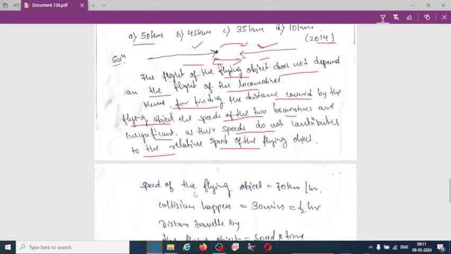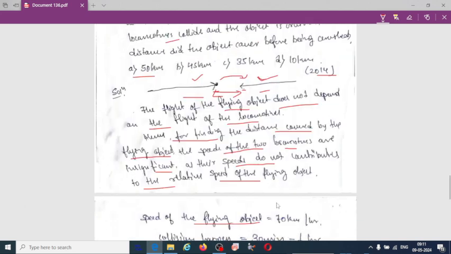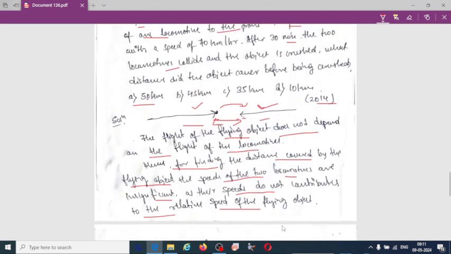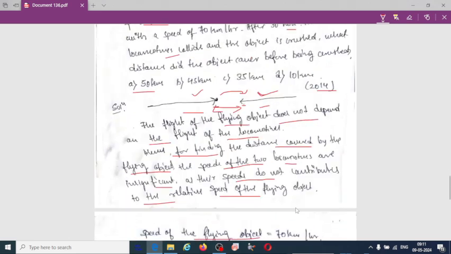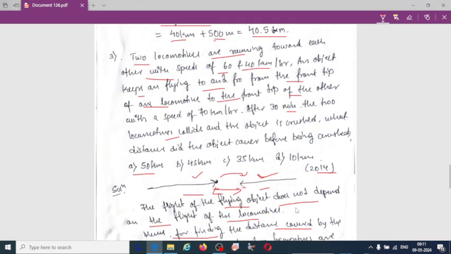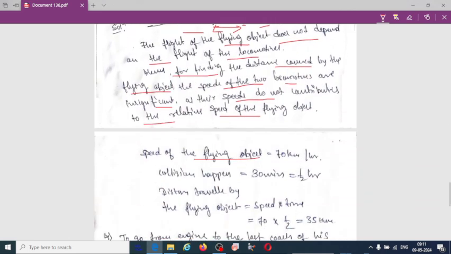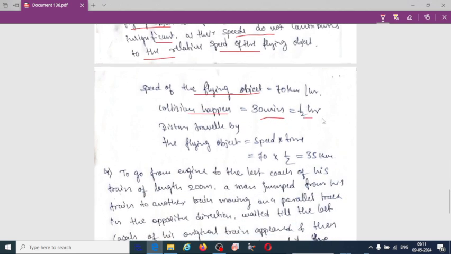So the speed of the flying object is how much? Here, 70 kilometer per hour. So the collision happens at how much? 30 minutes, nothing but half an hour.